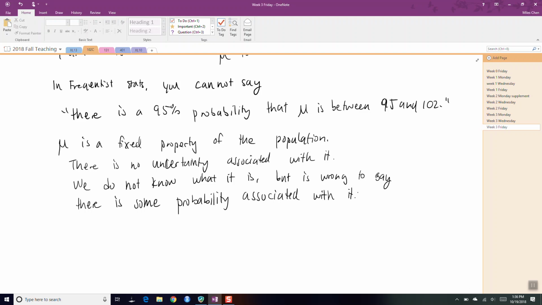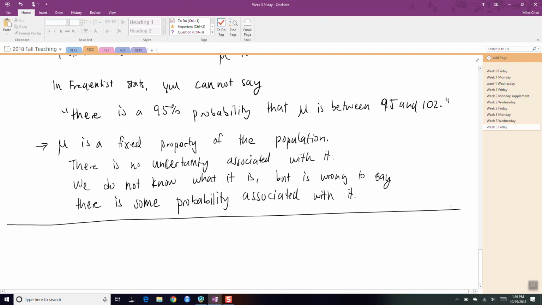In Bayesian statistics, we do away with this central tenet that exists in frequentist statistics. We say the parameter of the population is not a fixed value. We say the parameter of the population itself is a random variable. It's a random value. So this is the key difference.